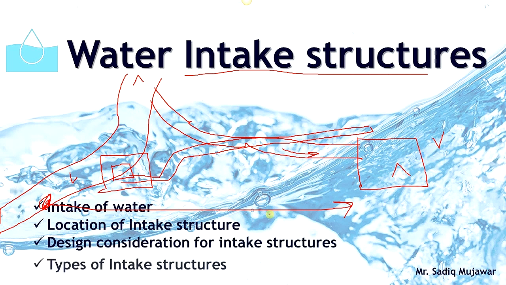Water will be available in the source, but in order to convert that water to potable water and supply it to the consumers, the first and foremost thing is we need to withdraw the water from the source. For this we use intake structures.